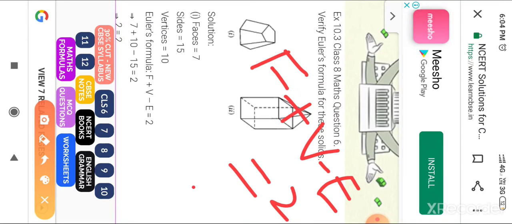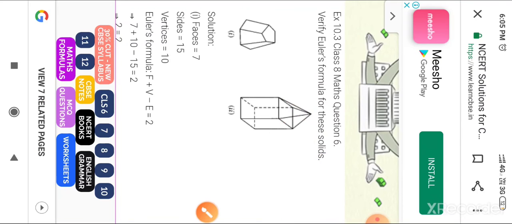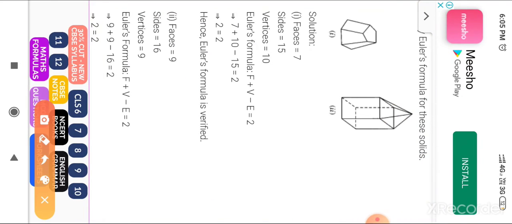To verify this formula, first we have to count faces, vertices and edges of any given solid. So as you can see, the first solid has 7 faces, 15 edges and 10 vertices. After applying all the values in this formula, the left side and right side are equal. So here the formula is verified. In this way you can solve its second part.